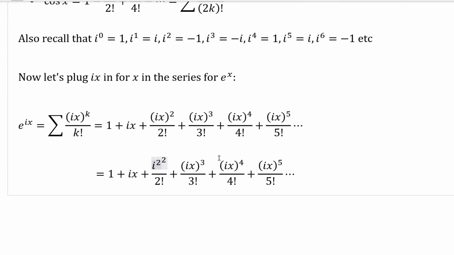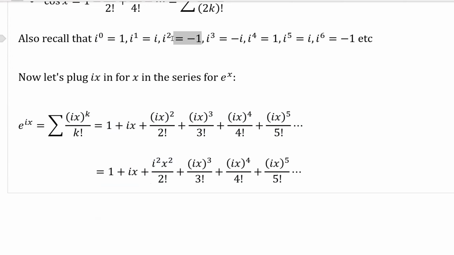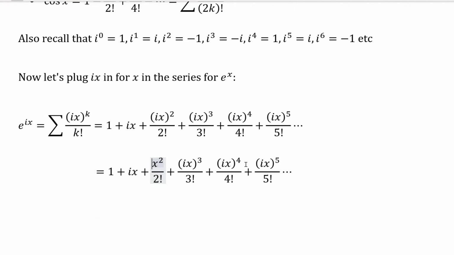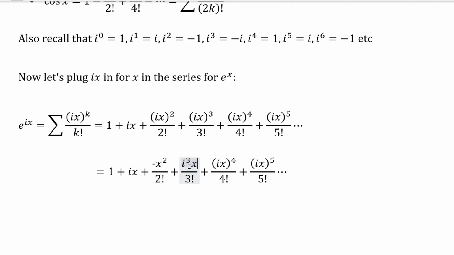So I could write it as i squared x squared, or I could just replace i squared with negative 1. Okay, next term, we'll have an i cubed x cubed, but i cubed is negative i, so let's replace that with negative i.